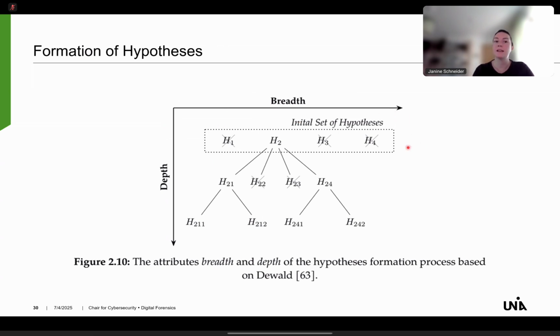Or if we find data that indicates that a hypothesis might be true, then we can form more hypotheses. Based on that one, we can form another set of hypotheses, try to prove or disprove them, and form more hypotheses based on these ones that cannot be disproven.